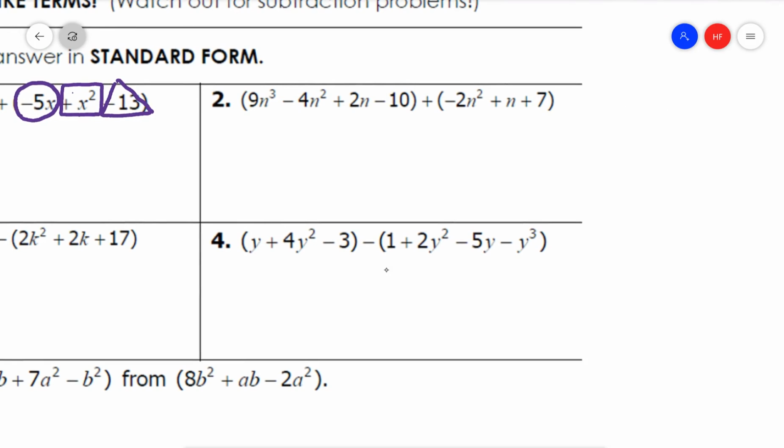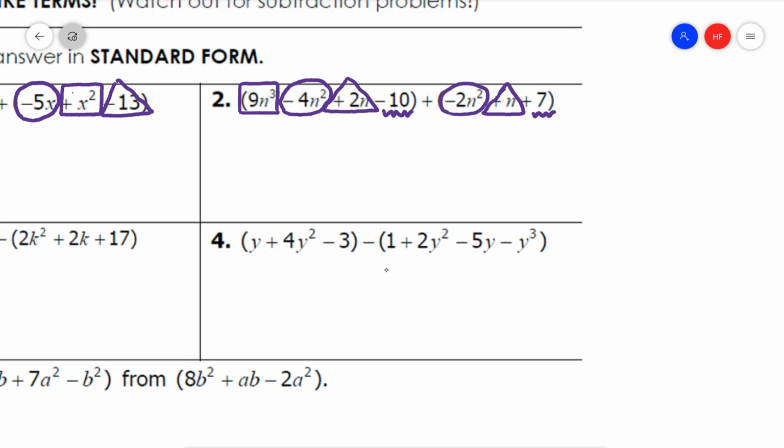On number 2, we're going to do the same thing. I'm going to mark off which ones are the same by using different shapes. So that's a cube, and scanning through here, I see no more that are cubes, so I'm going to use a different shape for my square, and I'm going to use a different shape for the n's, and then I'm going to use a squiggly line for the constants.